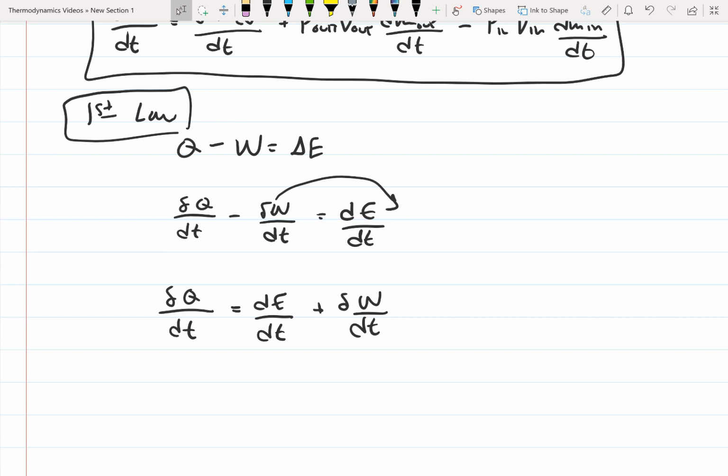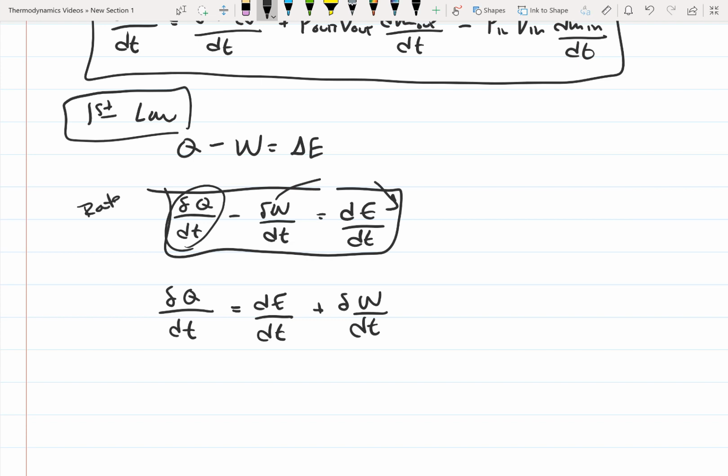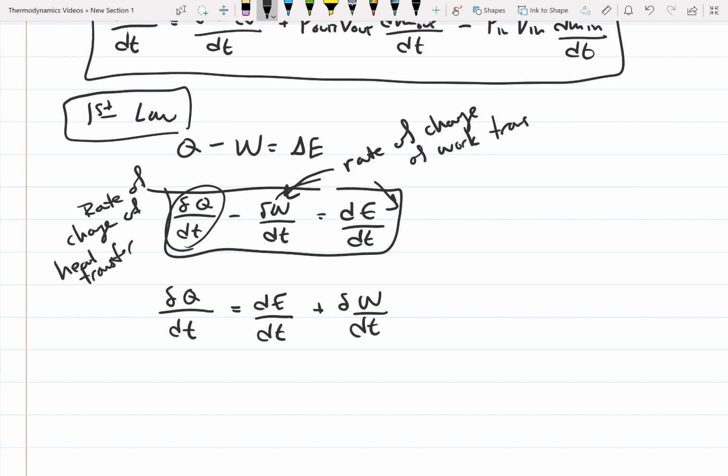And actually, let's go back to this equation. I just want to specify what some of these terms are. So this first term is the rate of change of heat transfer. This term is the rate of change of work transfer.